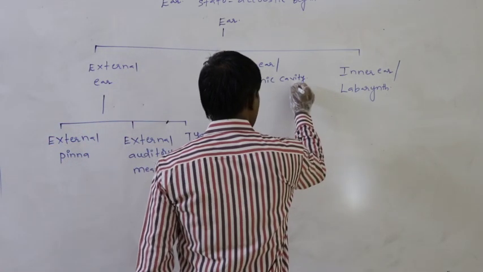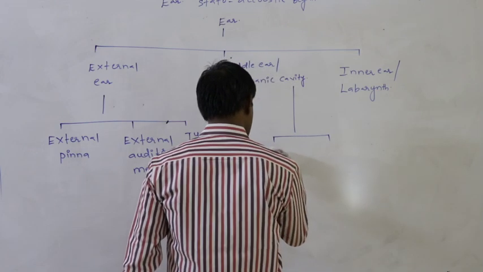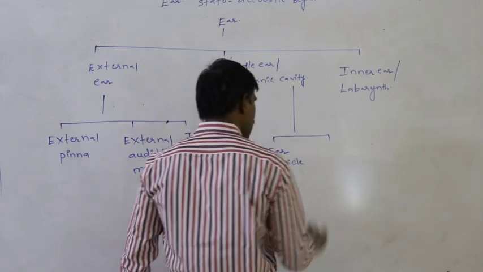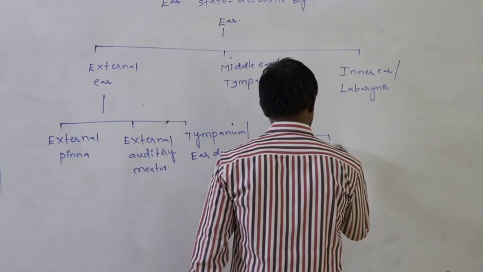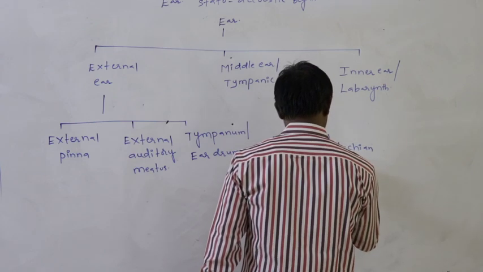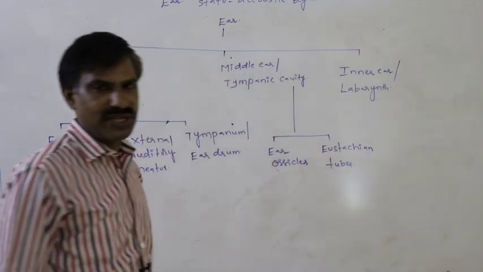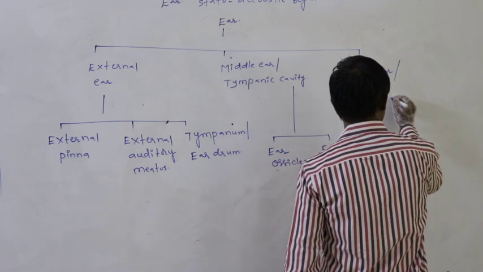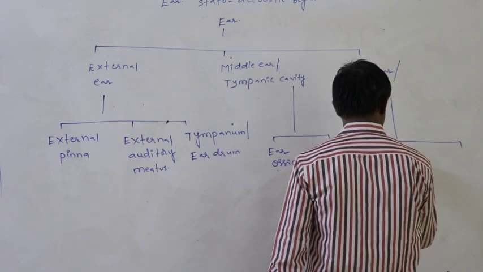Again, in the case of the middle ear cavity, two portions are present. One is the ear ossicles, second one is the eustachian tube. In the case of the inner ear, also three portions are present.